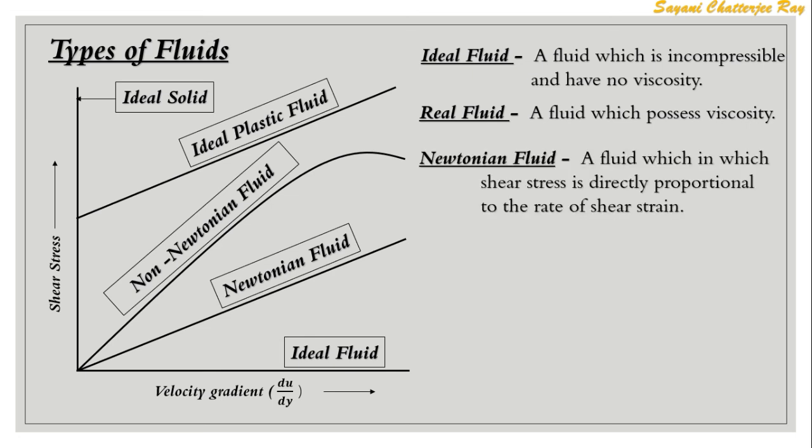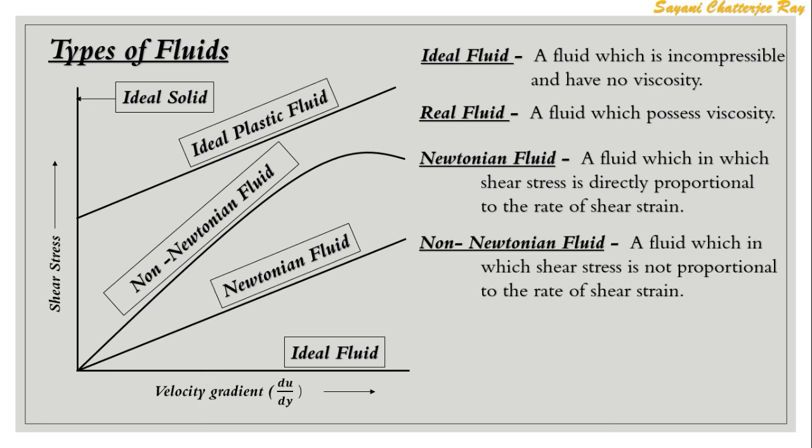Newtonian fluid. A real fluid in which shear stress is directly proportional to the rate of shear strain is called a Newtonian fluid. Examples of Newtonian fluid are water, petrol, glycerin, benzene, mercury and kerosene. Non-Newtonian fluids.